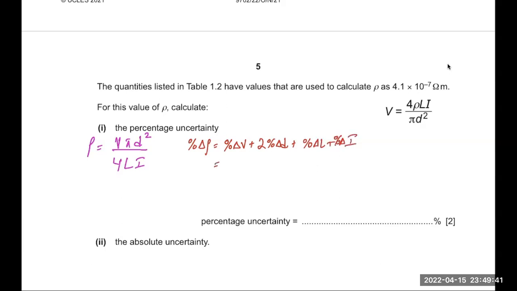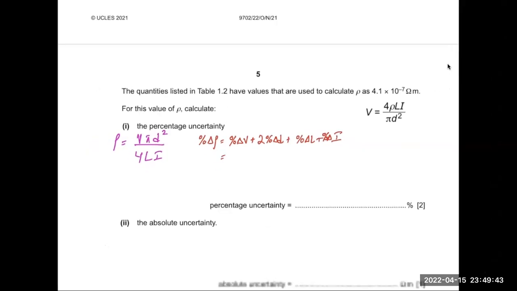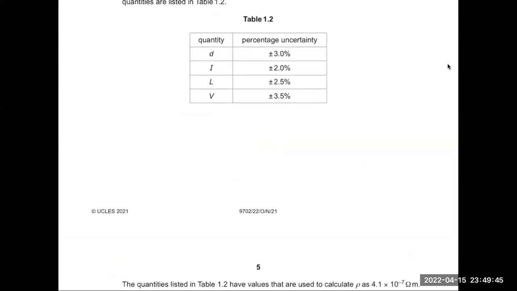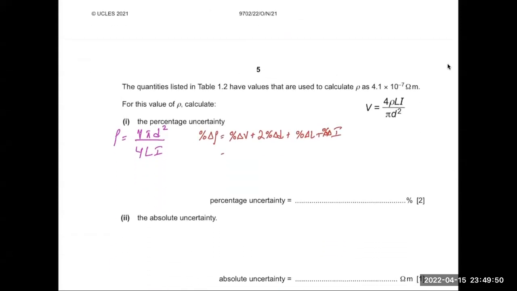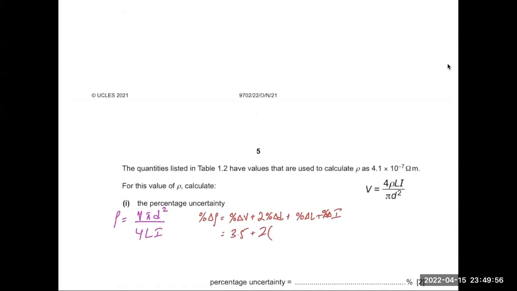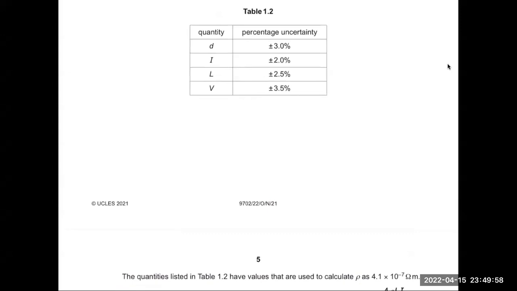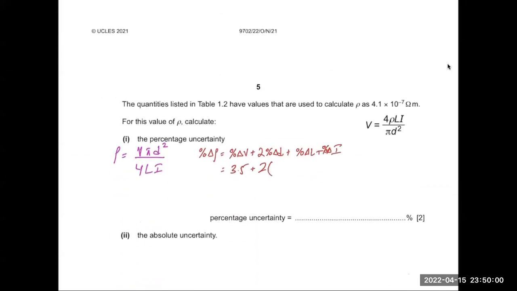And we'll just substitute the values. So what's the percentage error in V? The percentage error in V is 3.5%. So we'll write it as 3.5 plus 2 times, what's the percentage error in d? You go back to the table, the percentage error in d is 3%.